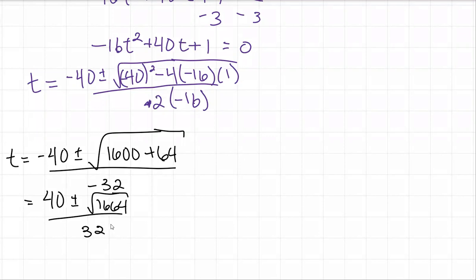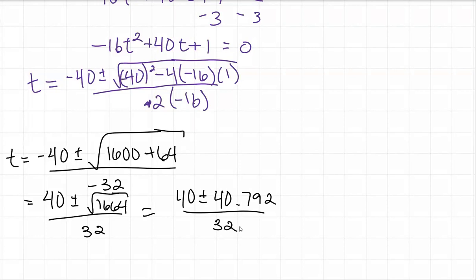All right, so let's look ahead a little bit. We're talking about time here. So let's first figure out what the square root of 1,664 is. The calculator tells us that it's about, we'll use 3 decimal places here, 40.792. So we have 40 plus or minus 40.792, divided by 32.